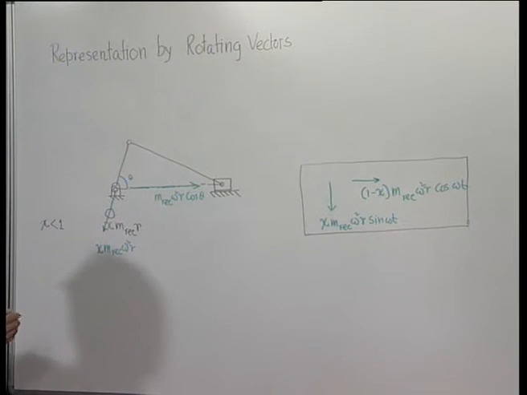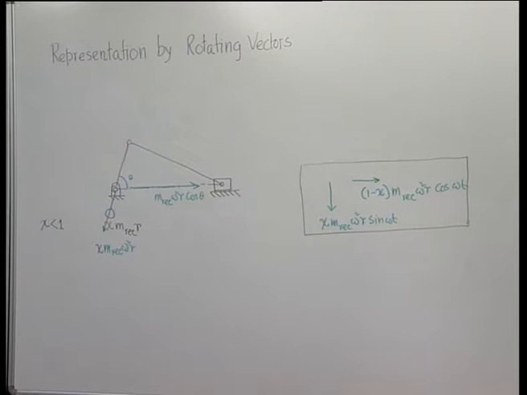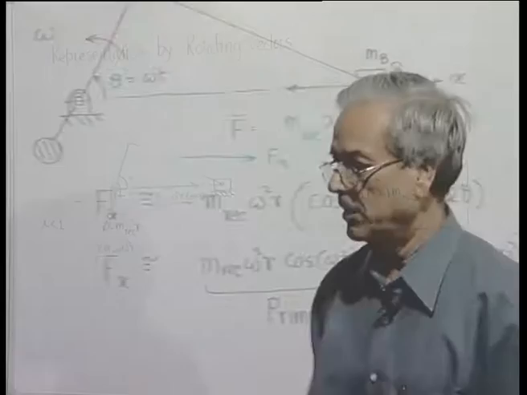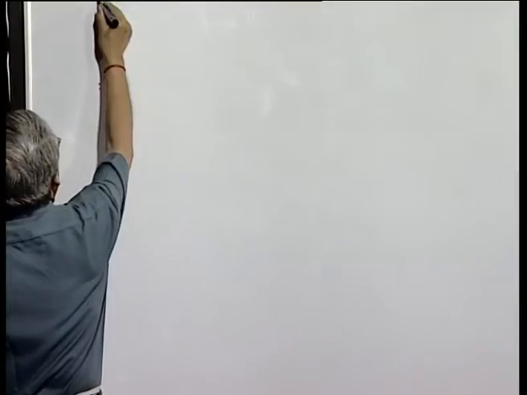another crank, which will be the secondary crank, and add another mass, but then the system becomes very complicated. However, in very special situations where it is absolutely essential to neutralize as much force as possible, we adopt such techniques. This technique is often called the Lanchester balancing technique.